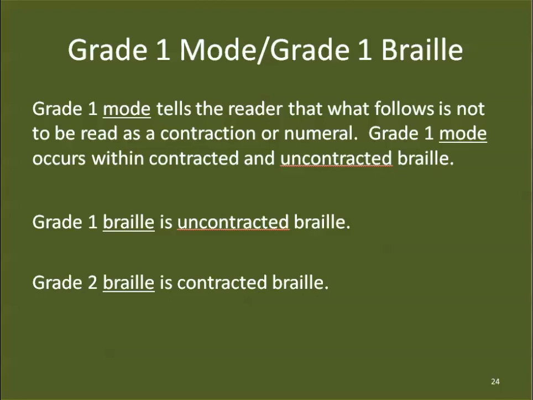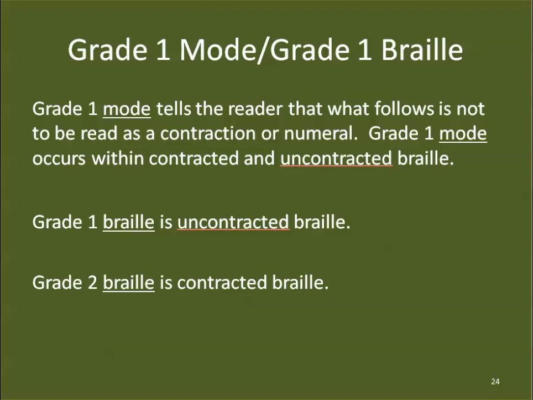Grade 1 mode occurs within contracted and uncontracted Braille. Now, the United States switched from calling the Braille grade 1 or grade 2 Braille some time ago because it was confusing with the academic grades 1, 2, 3, etc. So we went with calling that kind of Braille either contracted or uncontracted Braille.